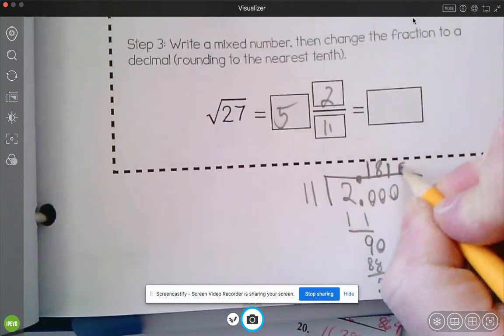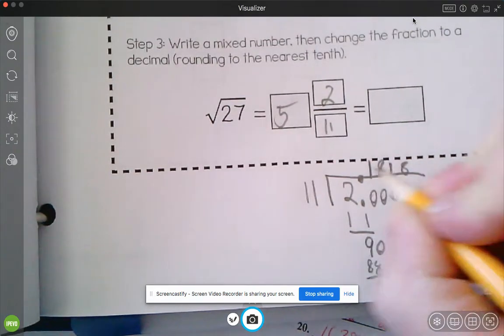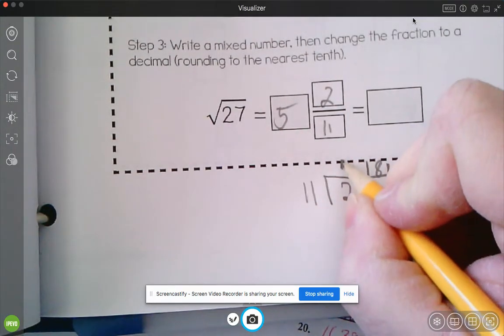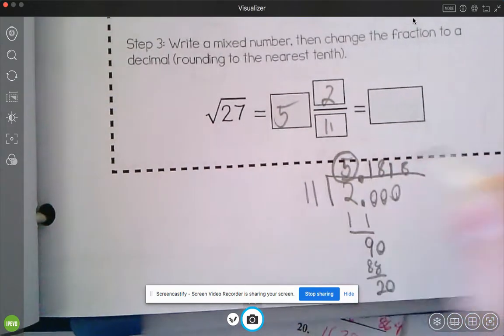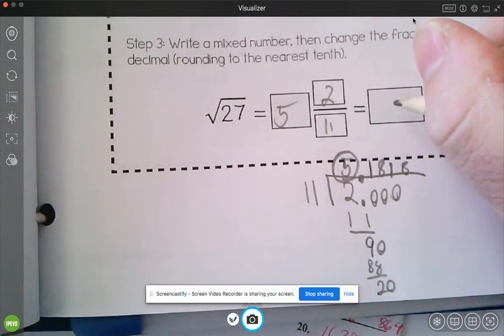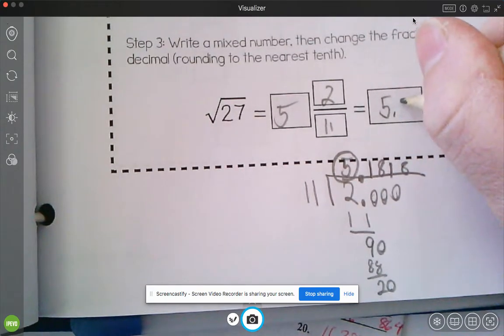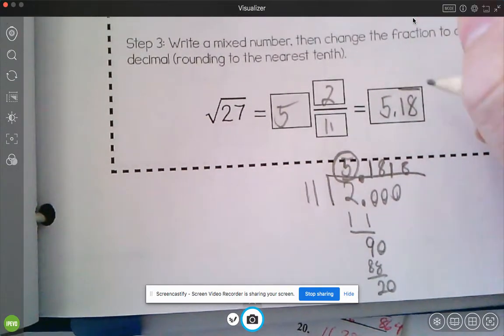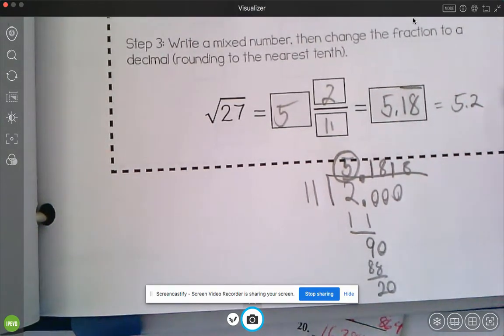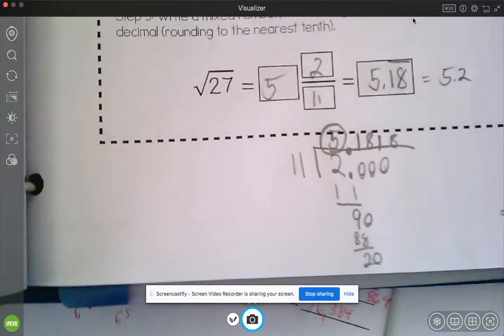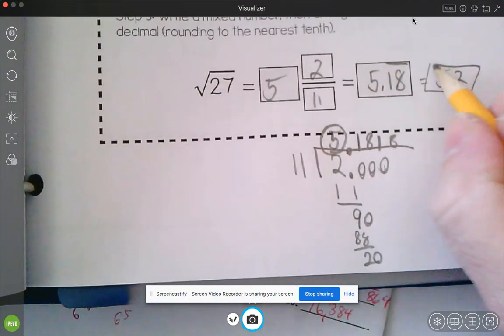And it's going to repeat over and over again. The number that goes in the ones digit is the 5, because it's closer to 5. So now your approximation is 5.18 repeating, or 5.2. And if we did guess and check, we would end up coming to 5.2.